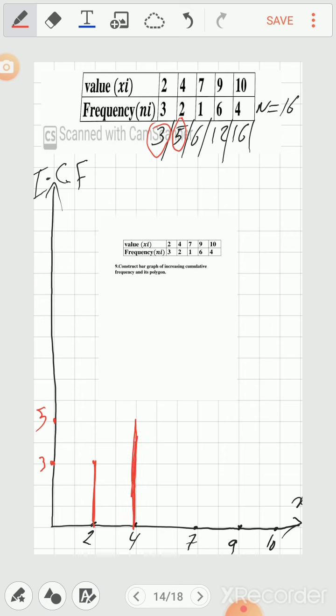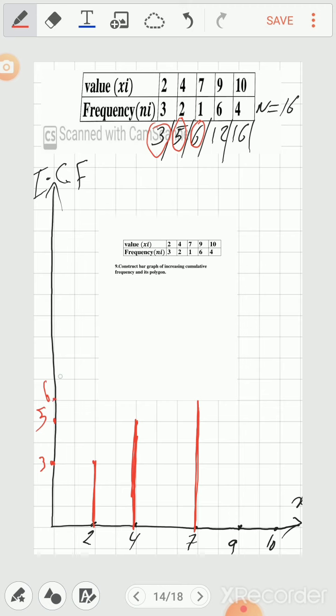This is the bar graph at 4. The bar graph at 7 is 6 now. 5, 6. At 7 is 6. The bar graph at 9 is 12.